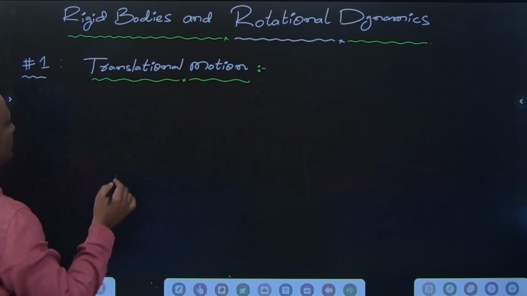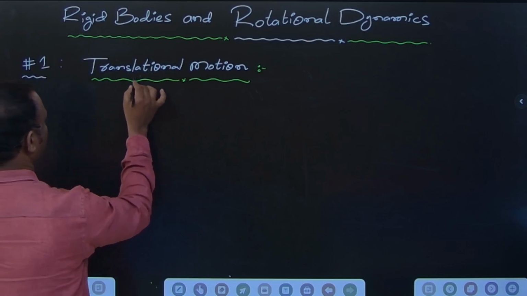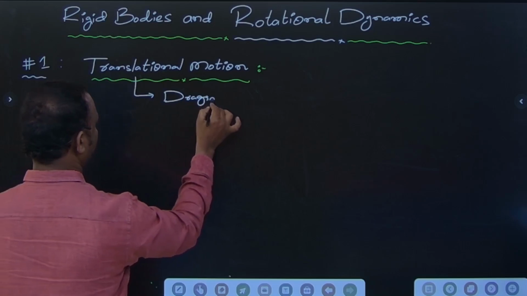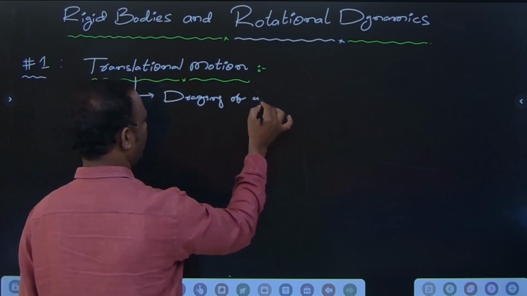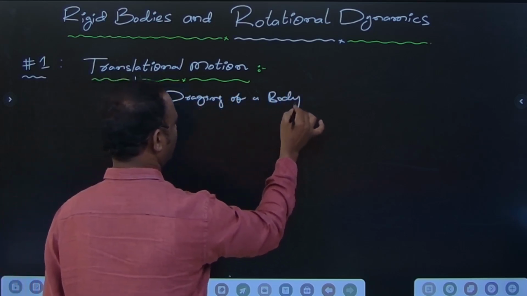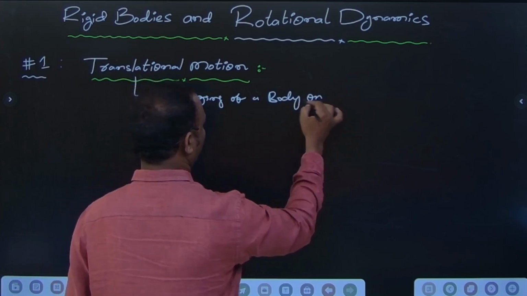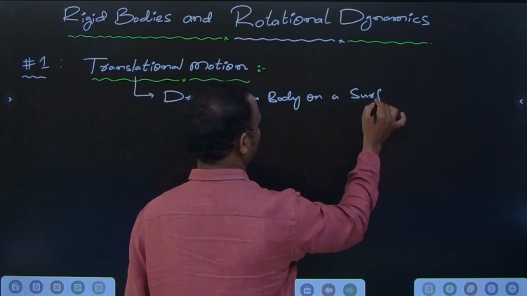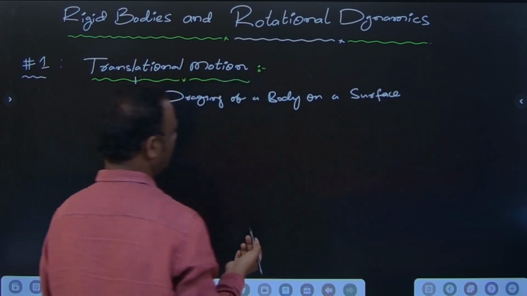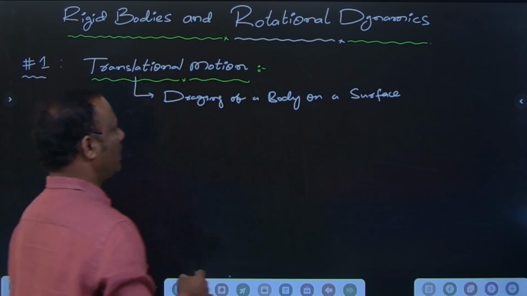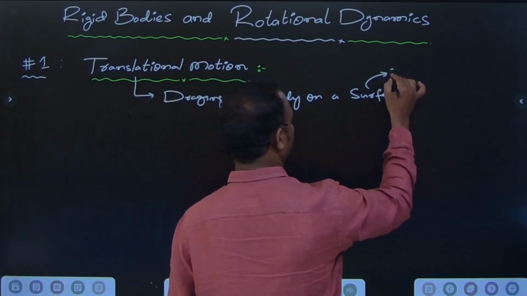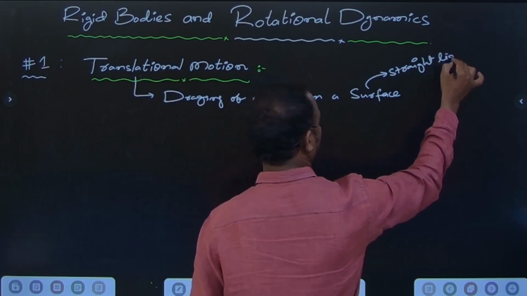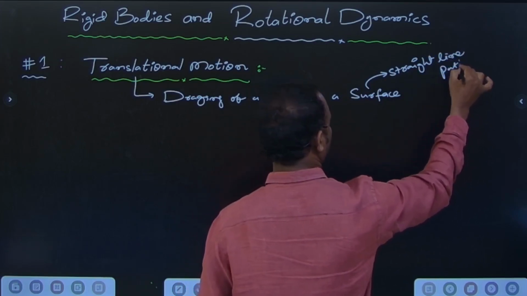Translational motion means dragging of a body on a straight line path, on a surface or a smooth surface. It should be a straight line path.